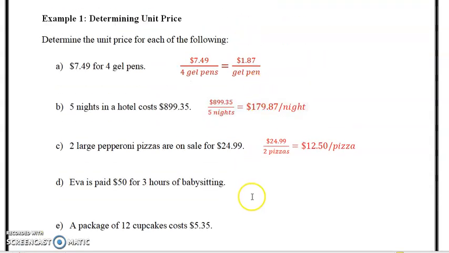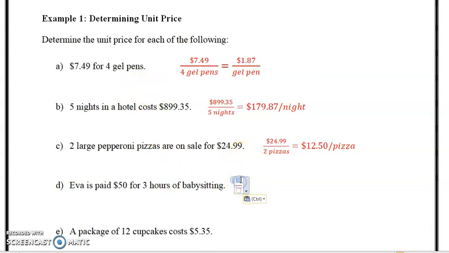Alright, the next one says Eva is paid $50 for 3 hours of babysitting. So we're looking for what she is paid per hour. So we put in $50 and we divide that by 3 hours. Sometimes you'll see it short as H or HR for hours. And a lot of you are saying, well, this is going to be about $17. You'd be right, because 51 divided by 3 would be 17. So it's just like 5 over 3 the way I look at it.